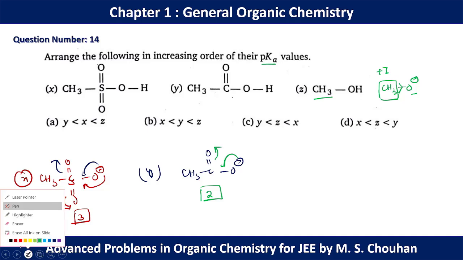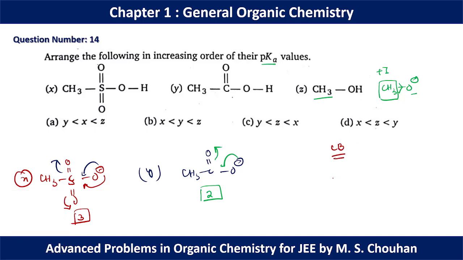So if we write down the conjugate base stability order, that is X greater than Y greater than Z, and hence the pKa order should be X less than Y less than Z. Okay, so for question number 14, option B should be the correct option.